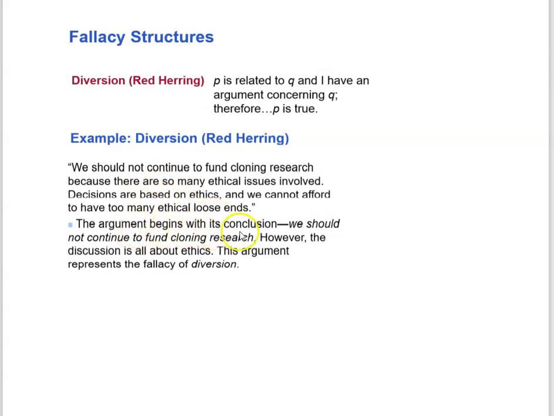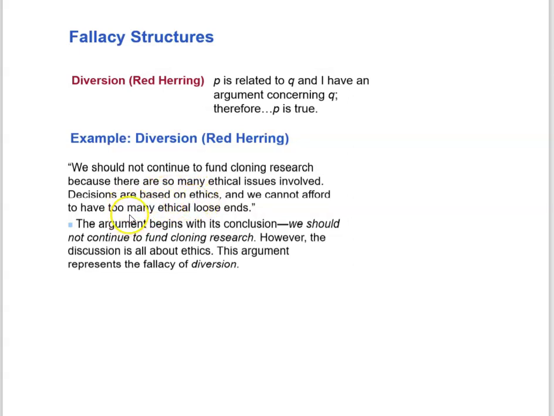So this argument begins with its conclusion: we should not continue to fund cloning research. However, the discussion is all about ethics. The argument represents the fallacy of diversion. If they were going to say we should not continue to fund cloning research, then they would need to say what ethical issues were driving that decision, like what problems arise when you're going to clone another human being.